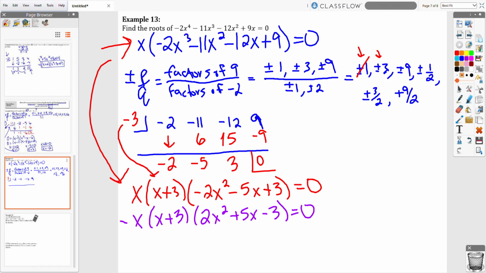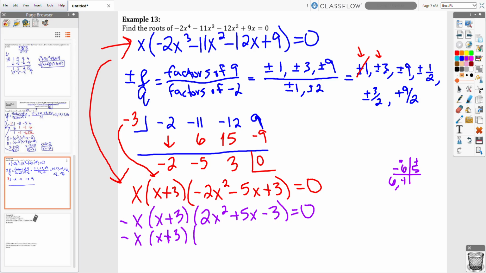So now from here, I'm going to factor that quadratic. Since there's a number in front of x squared, I have to multiply 2 times -3. So I need two numbers that multiply to -6, and they need to add to the middle term +5. So it looks like +6 and -1 are the numbers that are going to do that for us.